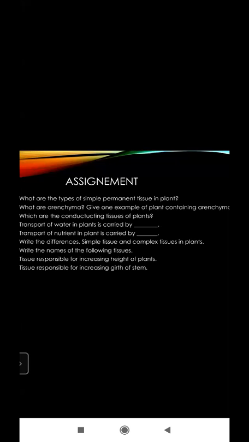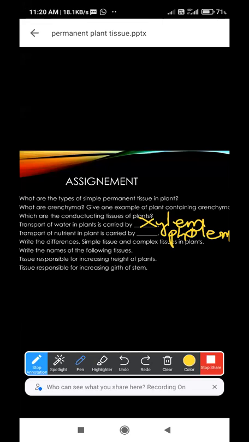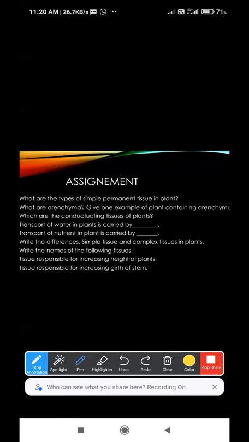Write the names of the following tissues. Tissue responsible for increasing height of the plant. Now this is from the meristematic tissue. Responsible for height means growth in length of the plant. It is because of apical meristem.